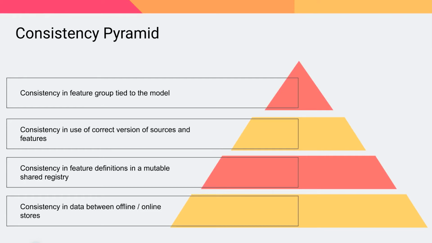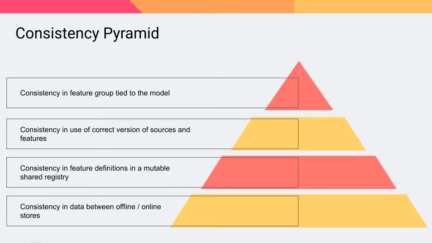And the last layer is the grouping of features tied to the model. It's also a consistency level where we want to minimize the chance for human error.